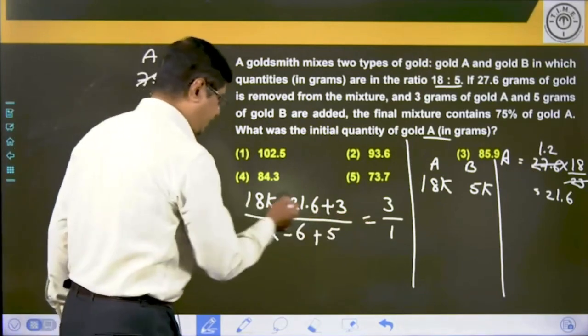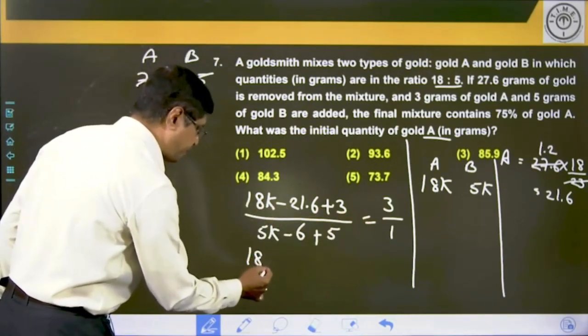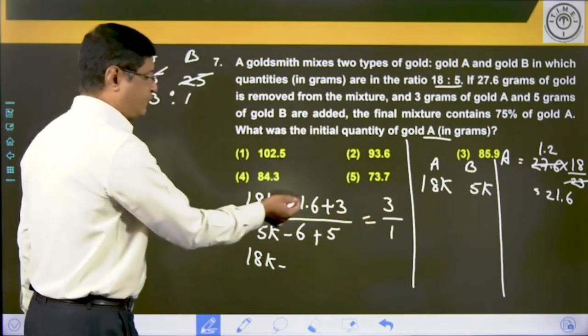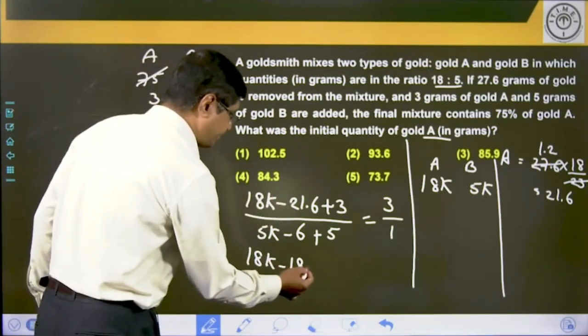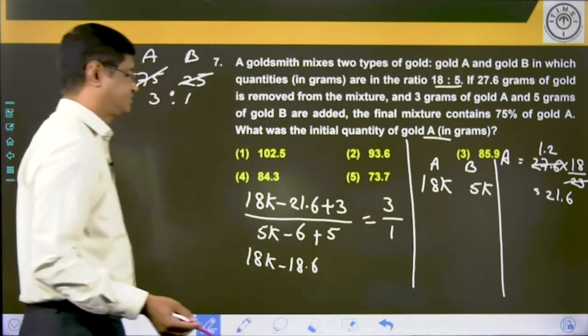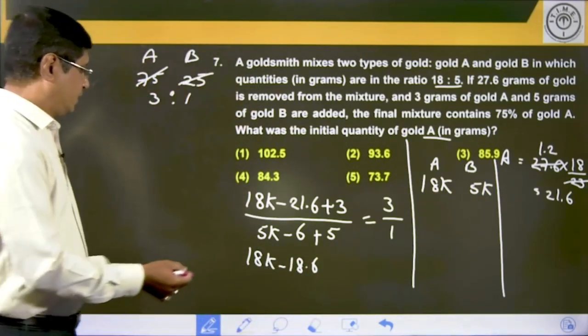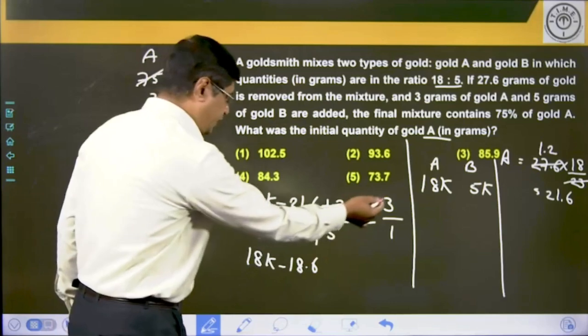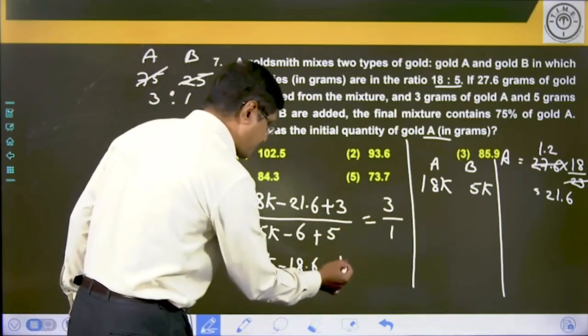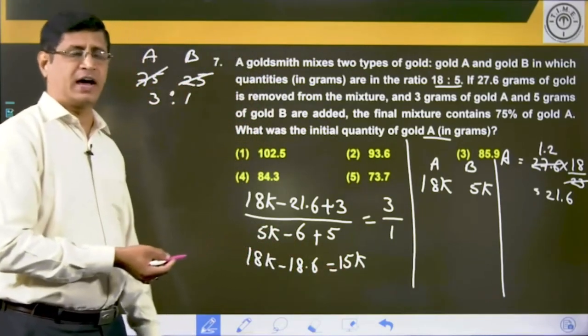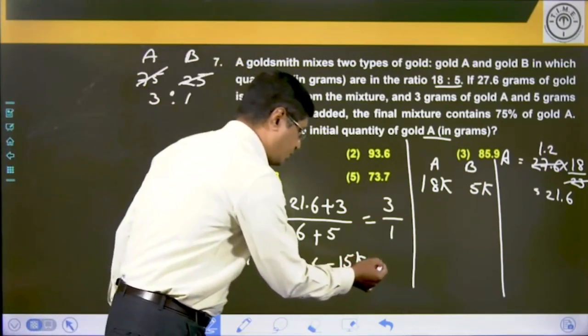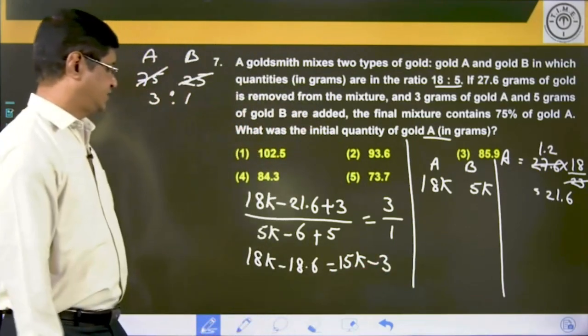So 1 time of 18, that is 18K, minus 3, it is 18.6. Okay. Then 3 times of 5, it is 15K, minus 6 plus 5, that is 1. 1 into 3, that is minus 3.